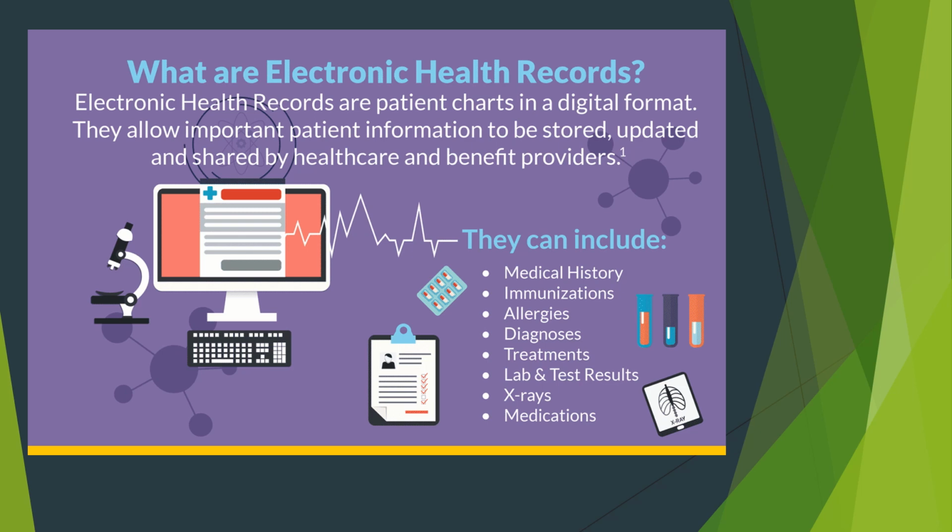They can include the patient's complete medical history, immunization records, allergies, past and present diagnoses, treatments the patient has received, laboratory and test results, X-ray results, and past and current medications.